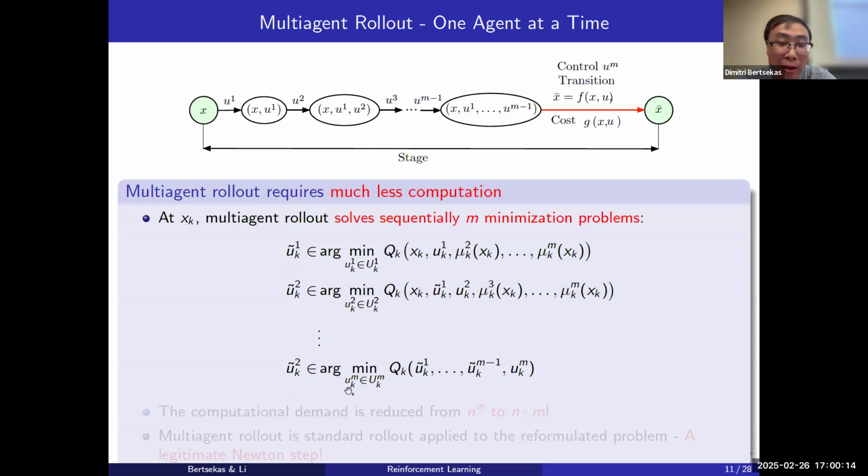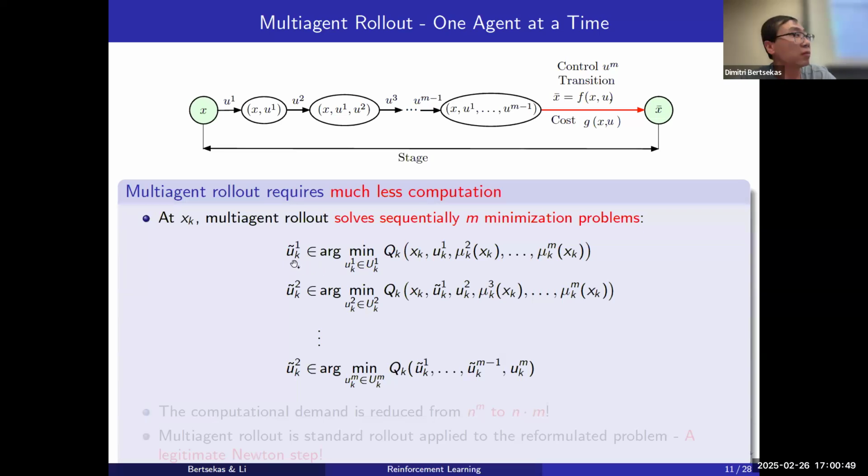Here should be M. So select M to get to the next state. And in total, it's sequentially solving M minimization problems, and each minimization problem involves computing over the number of control components, not the entire product.